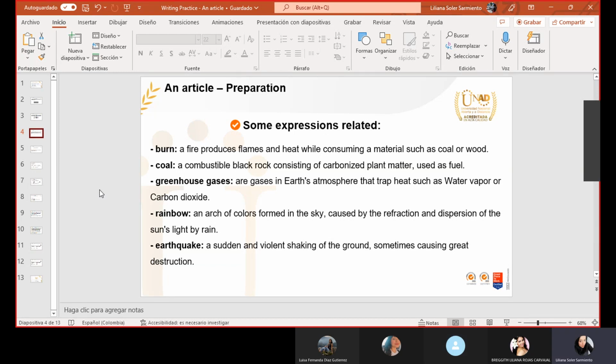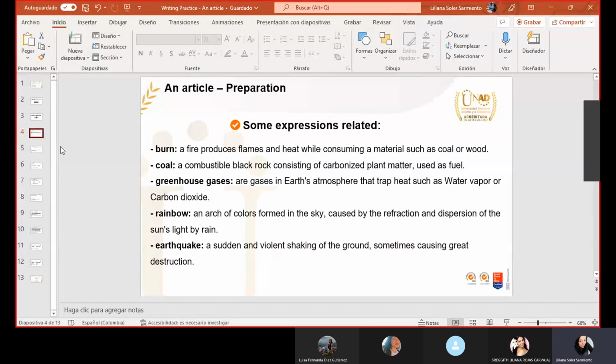Yes, exactly. An arch of colors. Sometimes we can see in the sky the rainbow, while the rain, refraction and dispersion of the sun's light by rain.